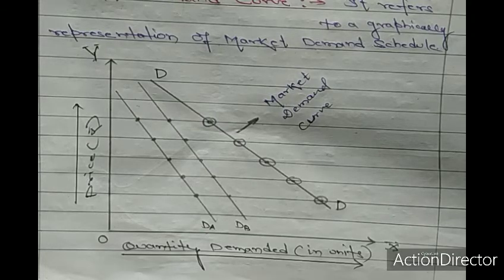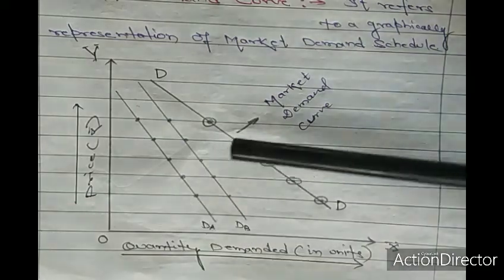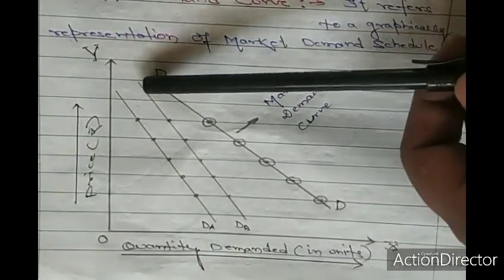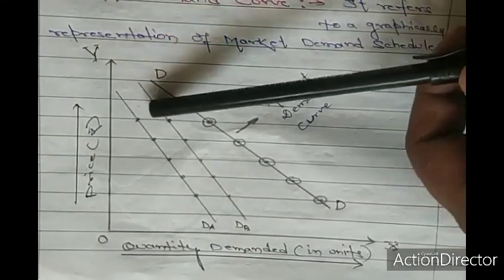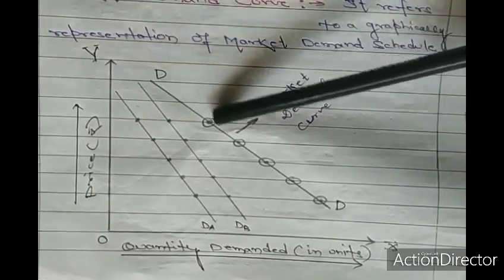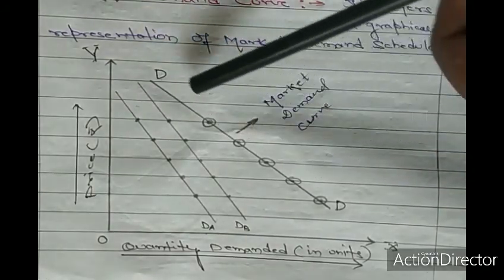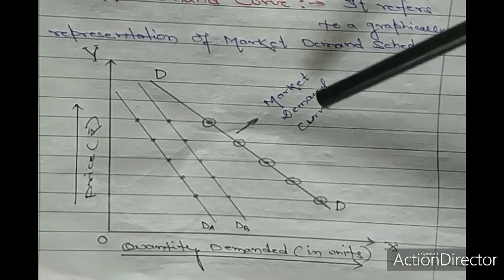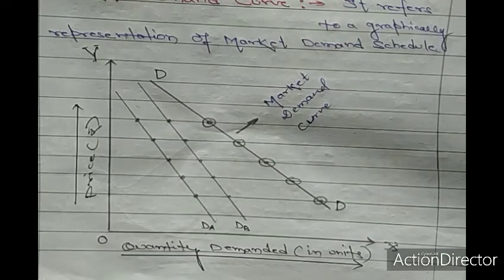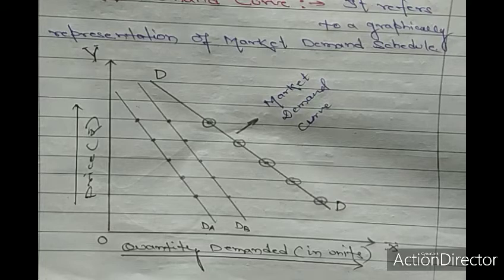Hope you remember. So when we add both curves, the curve becomes like this. This is the curve of market demand, and it is more flatter than the individual demand curve. So this is all about the market demand curve.